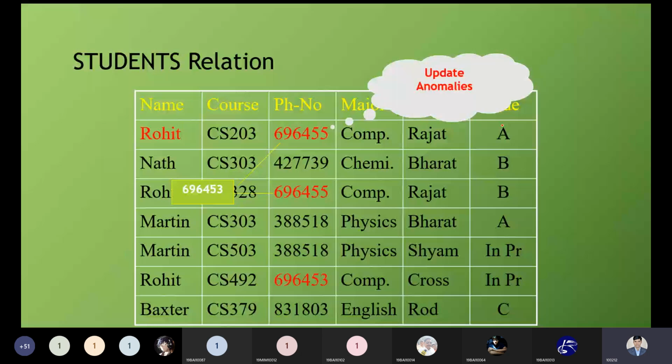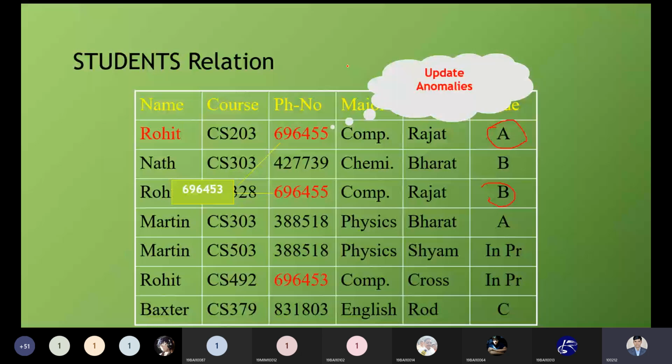From this point, he got a B grade in a different course. But when we need to update the phone number, definitely all the phone numbers will be updated. So how can you identify which tuple or which information we need to update? So at the time of update anomalies, we have this problem of irregularity. To avoid this kind of irregularity or issue, we have a solution.